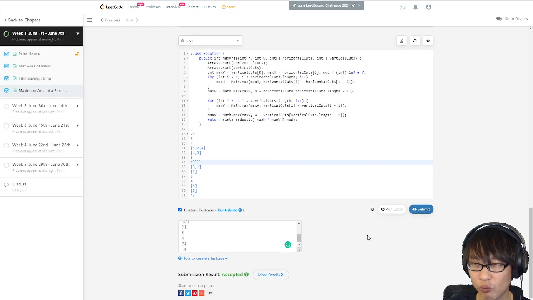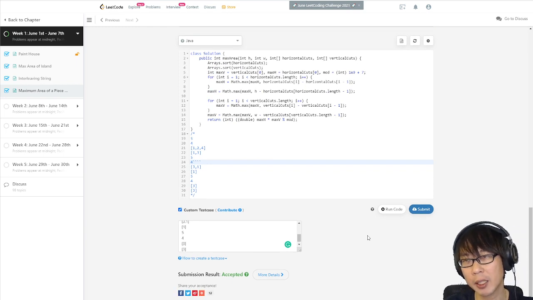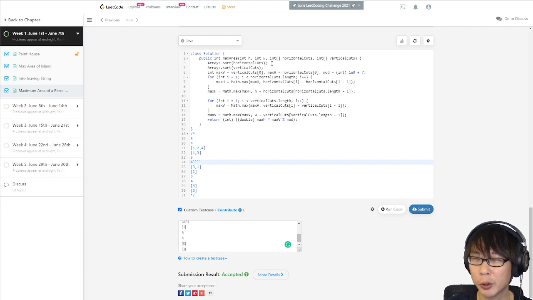Okay. So the time complexity is probably just the sorting, right? So n log n. Or whichever one is longer. And then the space, actually we sort the original array.